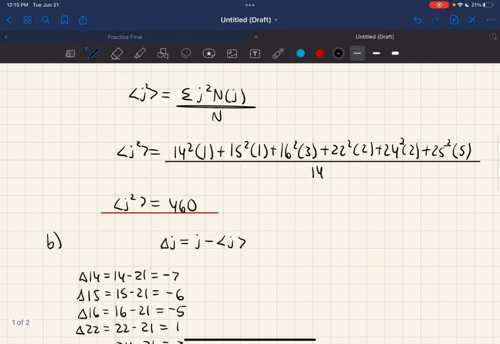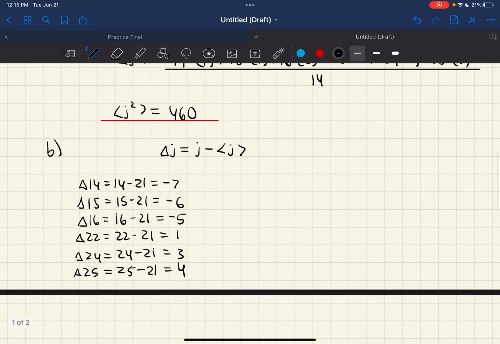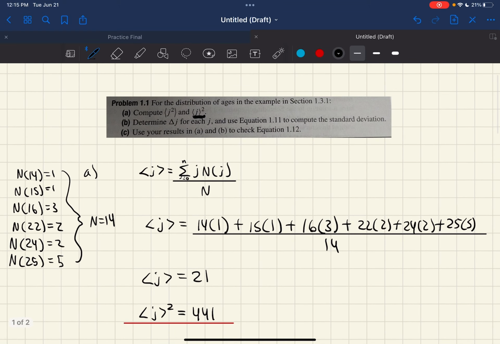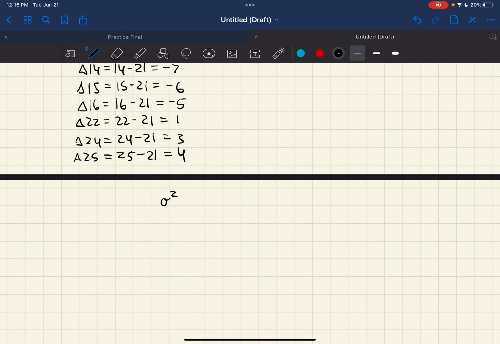And so we now have each delta j, and we want to use equation 1.11 to compute the standard deviation. Equation 1.11 is this equation, the expectation value of the uncertainty in j, squared.